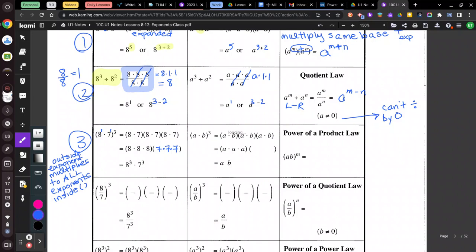Okay, so make sure you write that little note down, that the outside exponent multiplies to all of the inside exponents. So if the 8 had a 2, it would multiply to the 2.